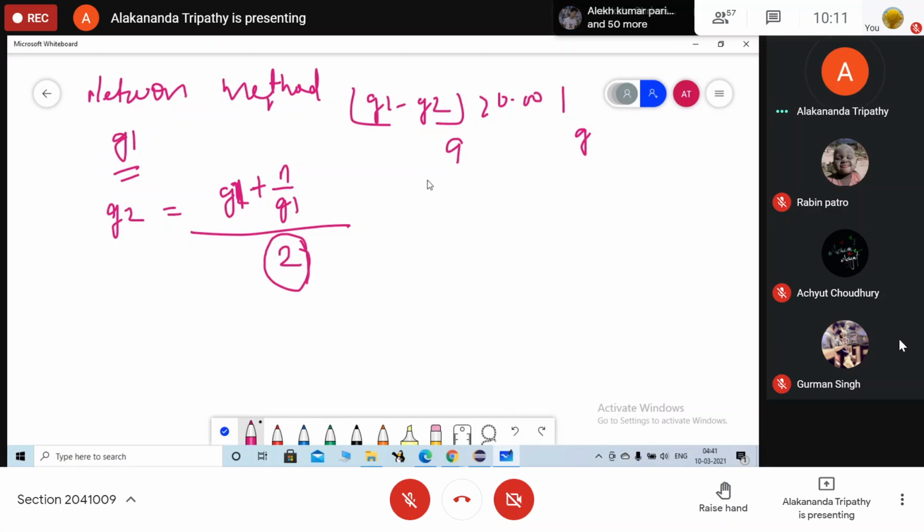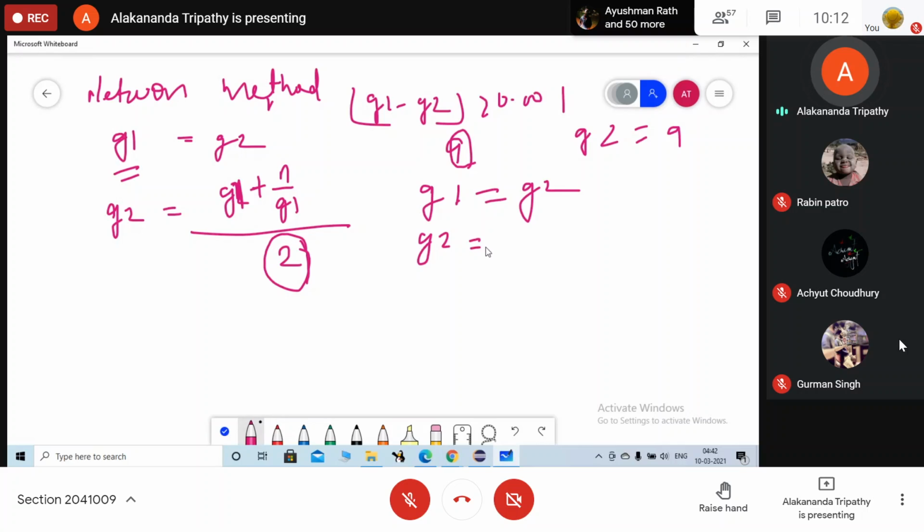Let it be 9. So we need to compute the square root of 9. Initially, how much will we initialize G2 as? We are going to initialize G2 as 9. Okay, and again G1 equals G2. First the interchange happens, so G1 gets the value of G2. So next compute G2 equals G1 plus n by G1.